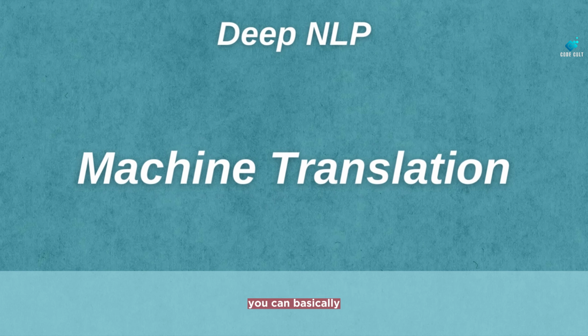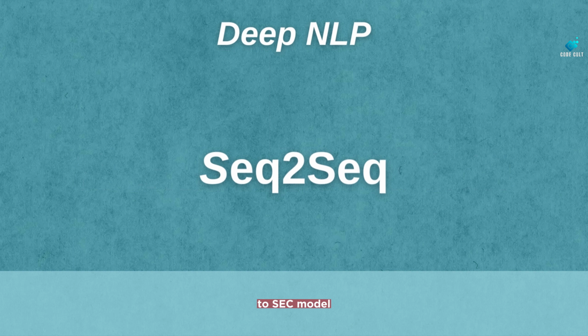You can basically, well, not basically because it's not that easy, but you can build a translator like the one you use on Google, Google Translate, or whatever you want. You can build a translator by implementing a deep NLP model, which is the combination of deep learning and natural language processing. You can build this with a model called the seq-to-seq model, which is the most popular and the most powerful model in deep NLP.